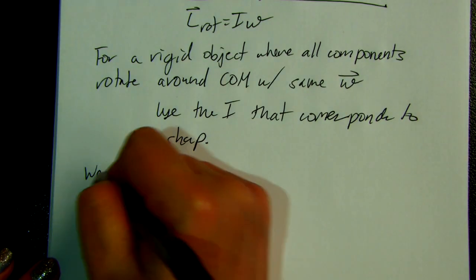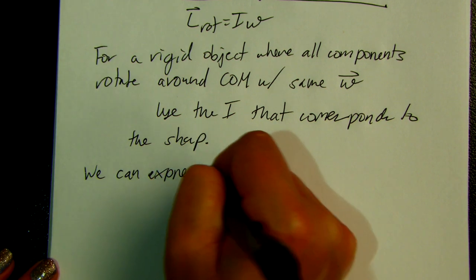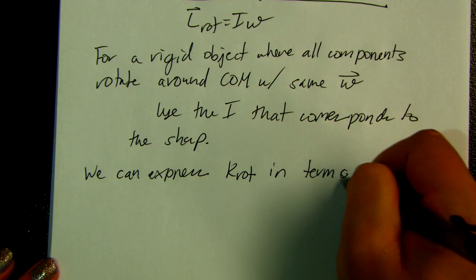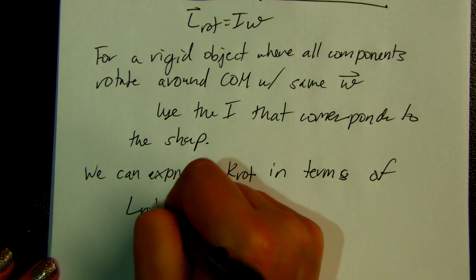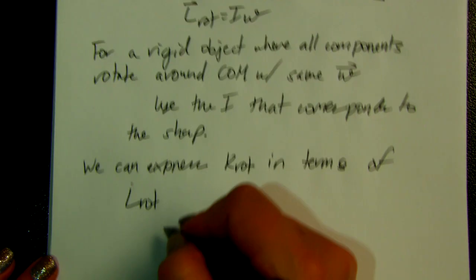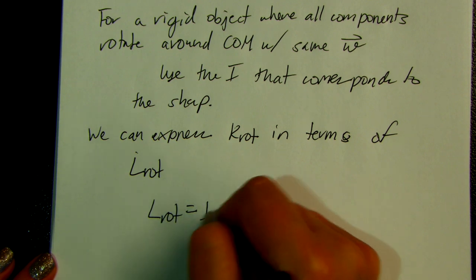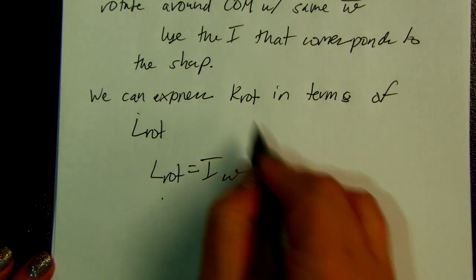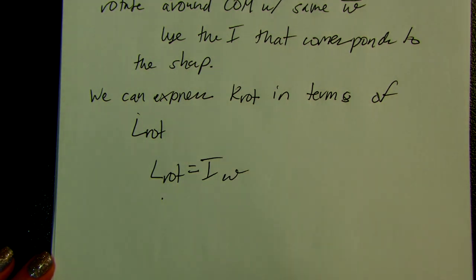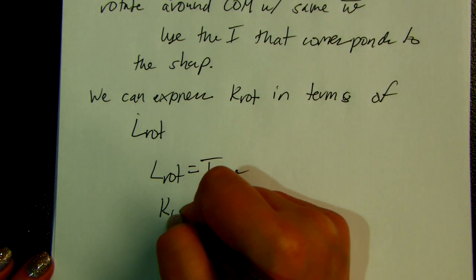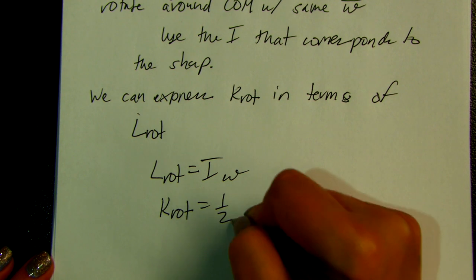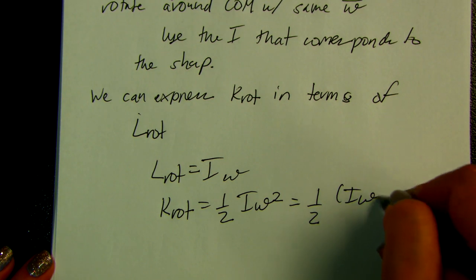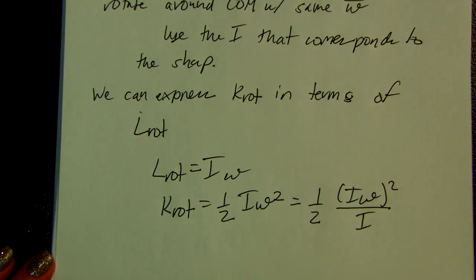And we can express rotational kinetic energy in terms of rotational angular momentum. So if rotational angular momentum is equal to I times omega, I've left the vector signs off. We're dealing with magnitudes right now because kinetic energy is a scalar and not a vector. Rotational kinetic energy is equal to 1/2 I omega squared, which is equal to 1/2 (I omega) squared over I. So I've put in a clever one.